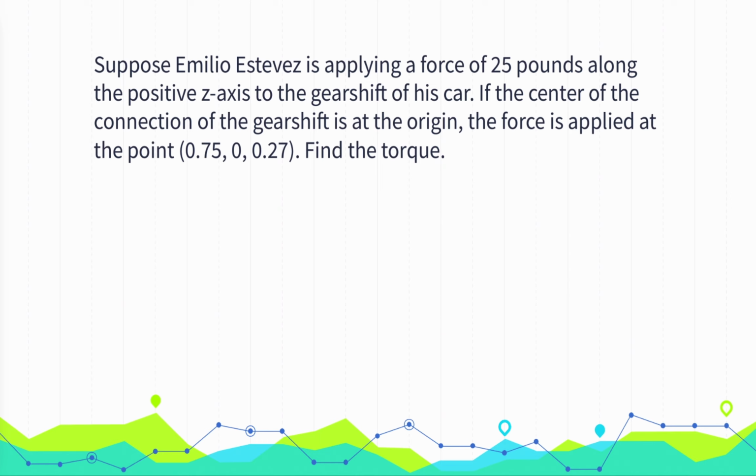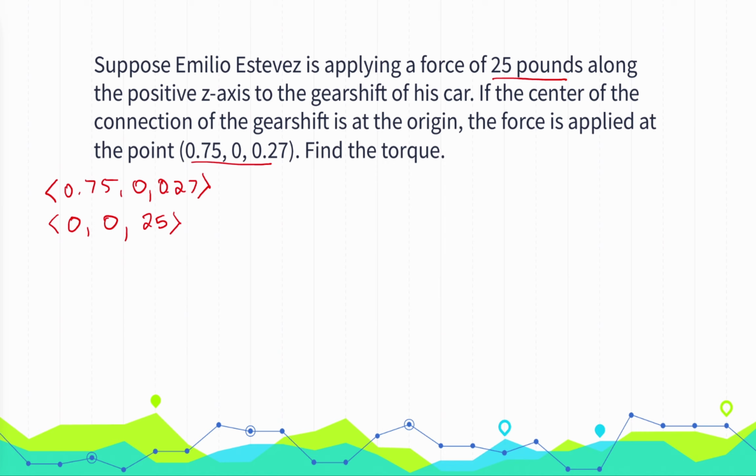So we've got a vector here that is 0.75, 0, 0.27, right? If we draw a vector from the origin to this point, and then he's applying a force of 25 pounds along the positive z-axis. So the x and the y-axes are 0 and 25 along the z-axis.